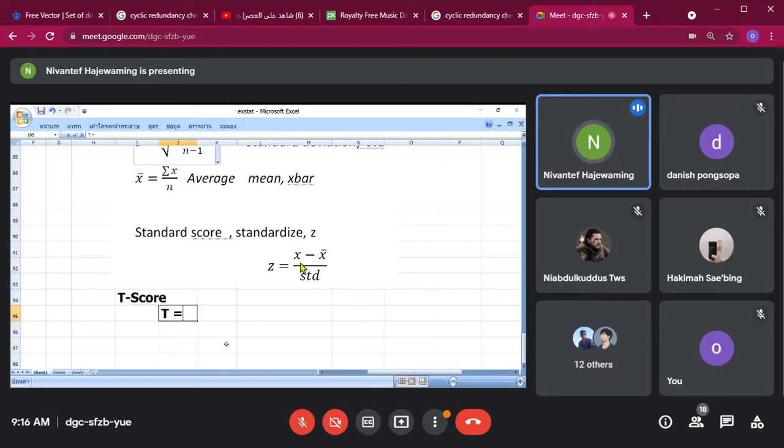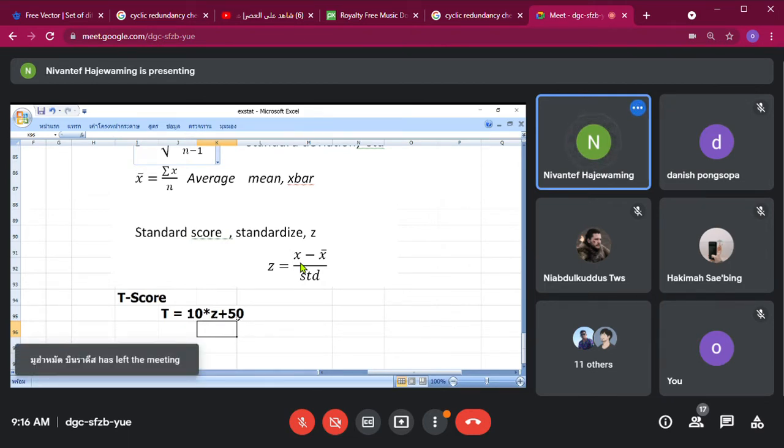T-score equals 10 multiplied by Z plus 50. It is the formula of T. You can change Z to T-score by multiplying Z by 10 and adding 50. This score will not have a minus sign.